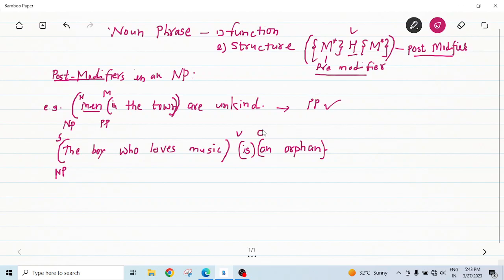Now the important thing is that in this noun phrase, this who loves music is a clause. So this noun phrase contains a clause, which is called a relative clause.